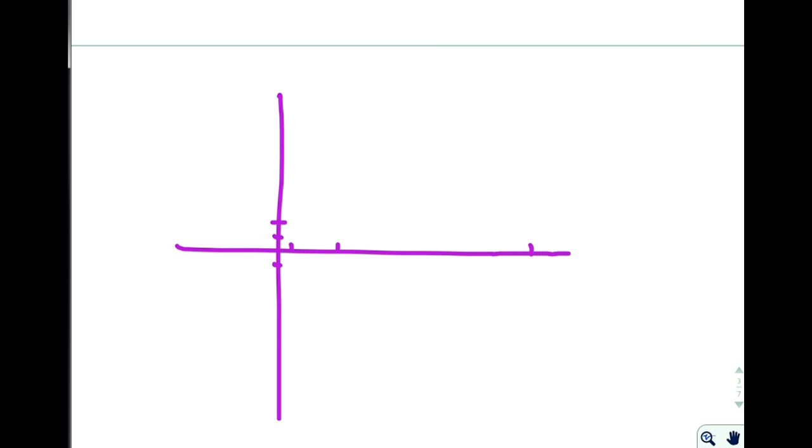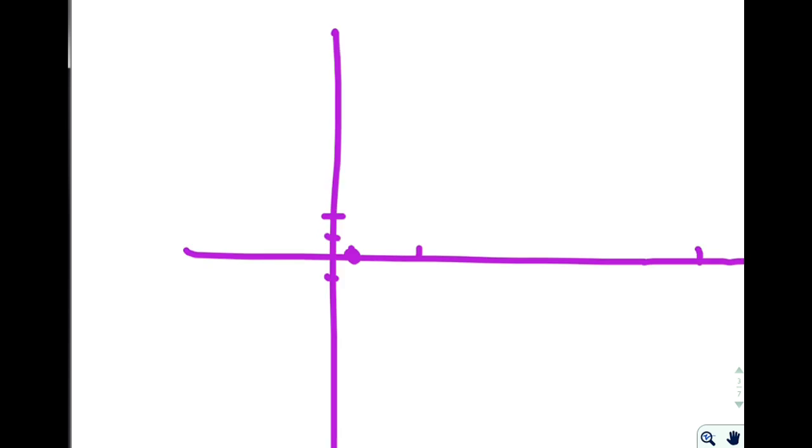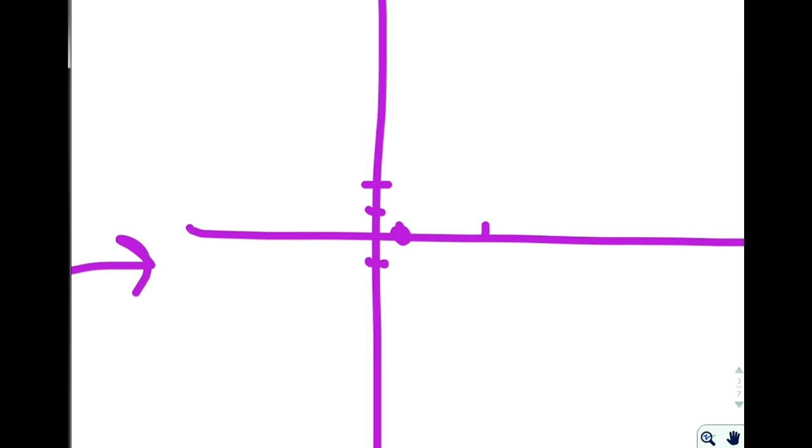but if we were to mark out our y-axis here, -1, 0, 1, and 2, we know that we would have a point at 1, 0. Right, look at our chart here, we have a point at 1, 0. We know that if we go very, very close to the y-axis, when x equals 1/10, we can get a point down at -1. So right around there.